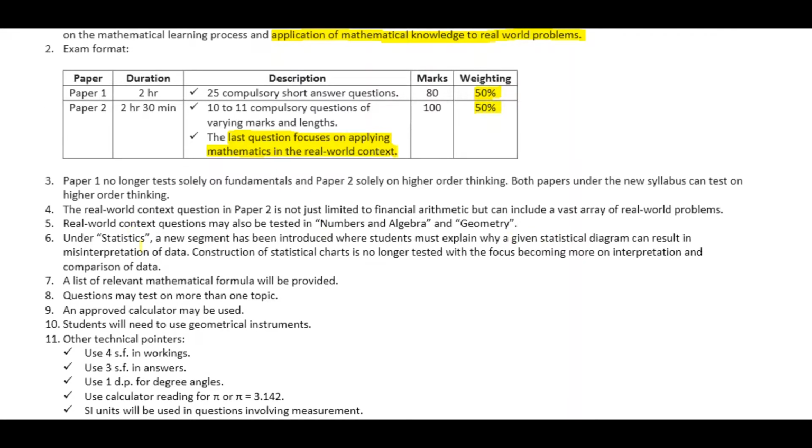Statistics is one of the topics that you will be learning. A new segment has been introduced whereby students must explain why a given statistical diagram can result in misinterpretation. So this is a new style of question whereby instead of just asking you to interpret and read off data from the statistical diagram, students will be asked to analyze the statistical diagram and explain why it is misleading.